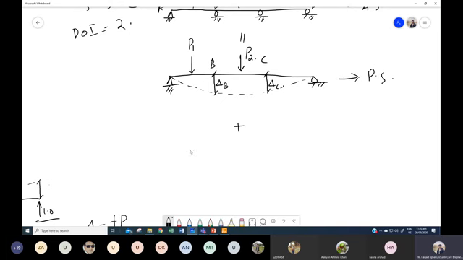And the third one will be, again, like we used to do in the previous cases, we will apply the redundants. Sir, we can remove any support, it's not necessary that we remove B and C, any support. So in the third case, again we will apply these redundant reactions back onto this beam, and we will remove the external load.